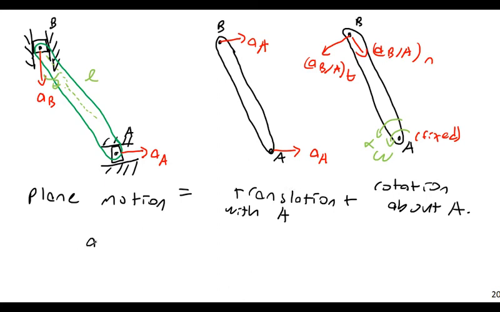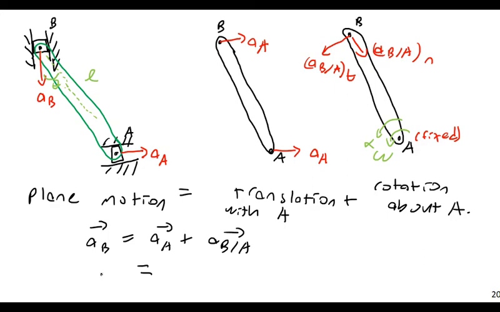All right. So the basic equation here would be, the acceleration of B, very similar to the previous one. The absolute acceleration of B is going to be equal to the acceleration of A plus the acceleration of B with respect to A. However, the acceleration of B with respect to A is the summation of these two.